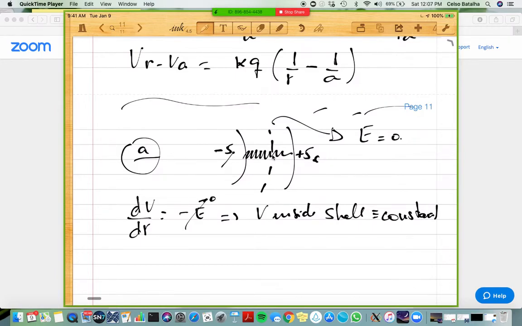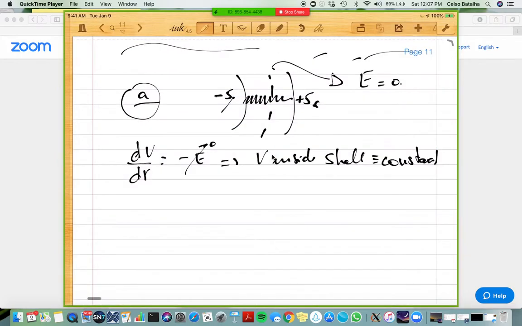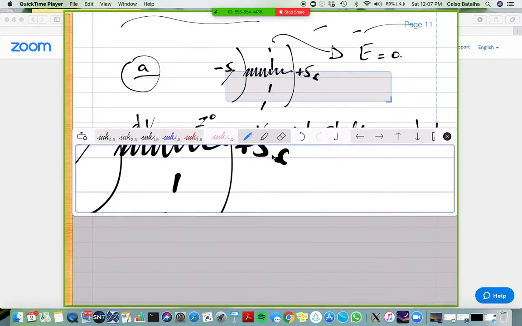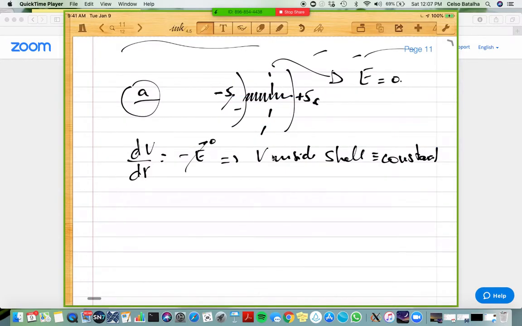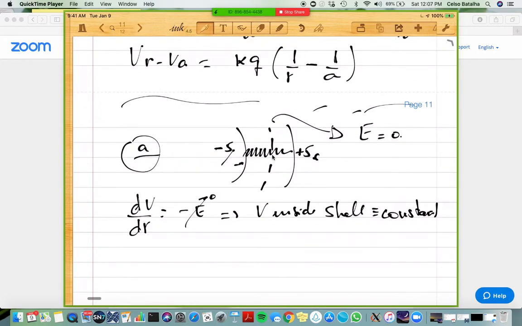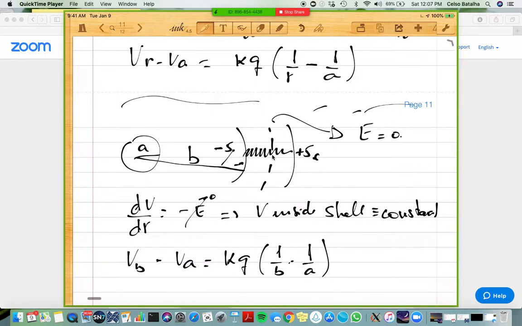which means the voltage here, the voltage in the inner shell is what? Well, we found that VB, which is this side here, VB minus VA is equal to kQ times (1 over B minus 1 over A), right?